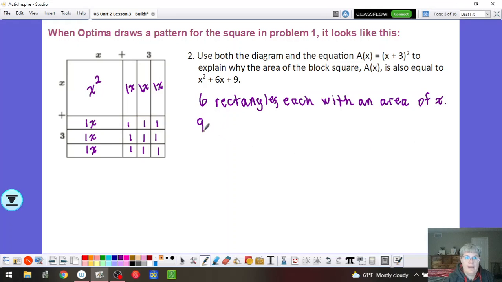There are 9 unit squares. So if we add them all together, we'd have x squared for the square, a total of 6x for the 6 rectangles, and we have the 9 unit squares.